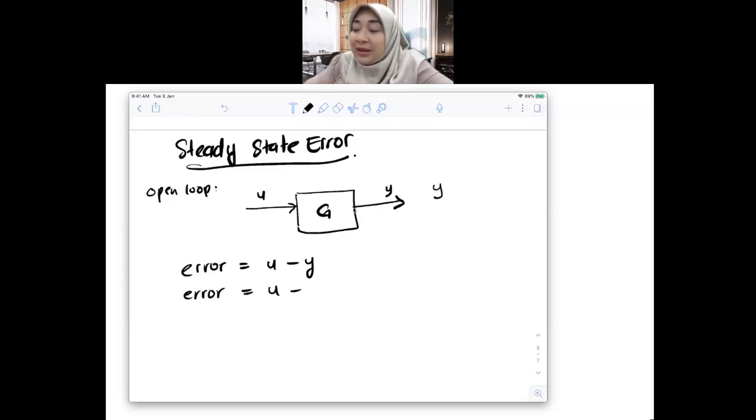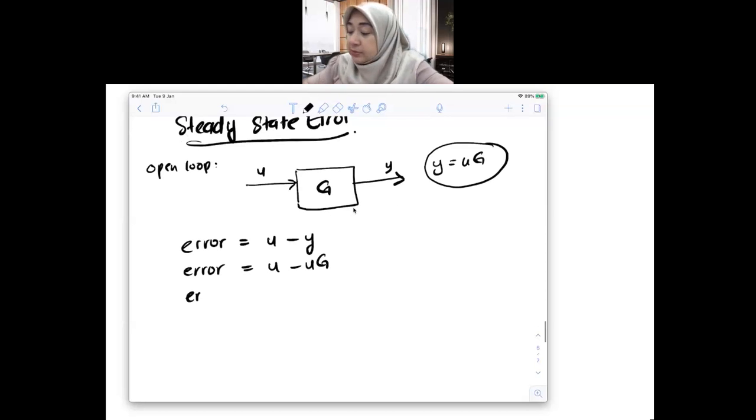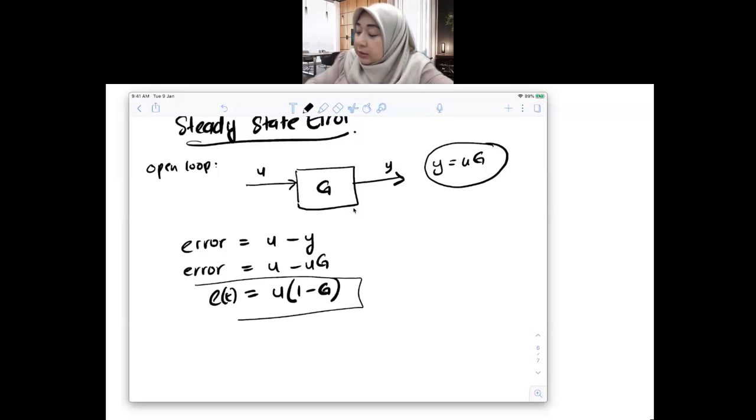Y is equal to u multiplied by G, isn't it? Input multiplied by the transfer function. So if I put y equals uG, then error is equal to u minus uG for open loop. This is an open loop system. Therefore, my error will be equal to u(1 minus G). So this is error. Normally, for error we use the denotation e(t). So this is for the open loop system.